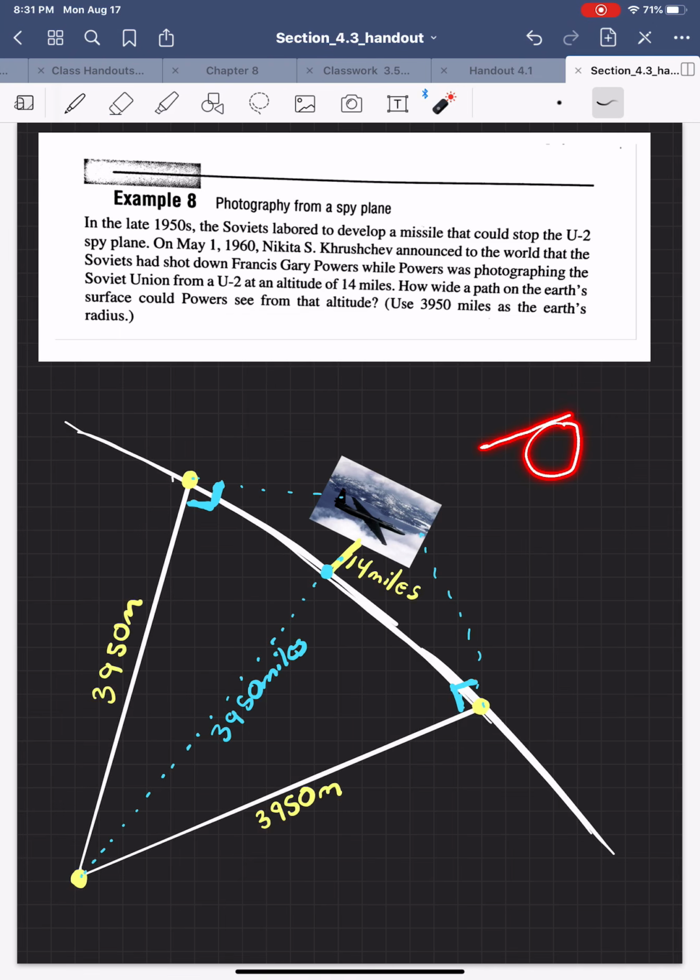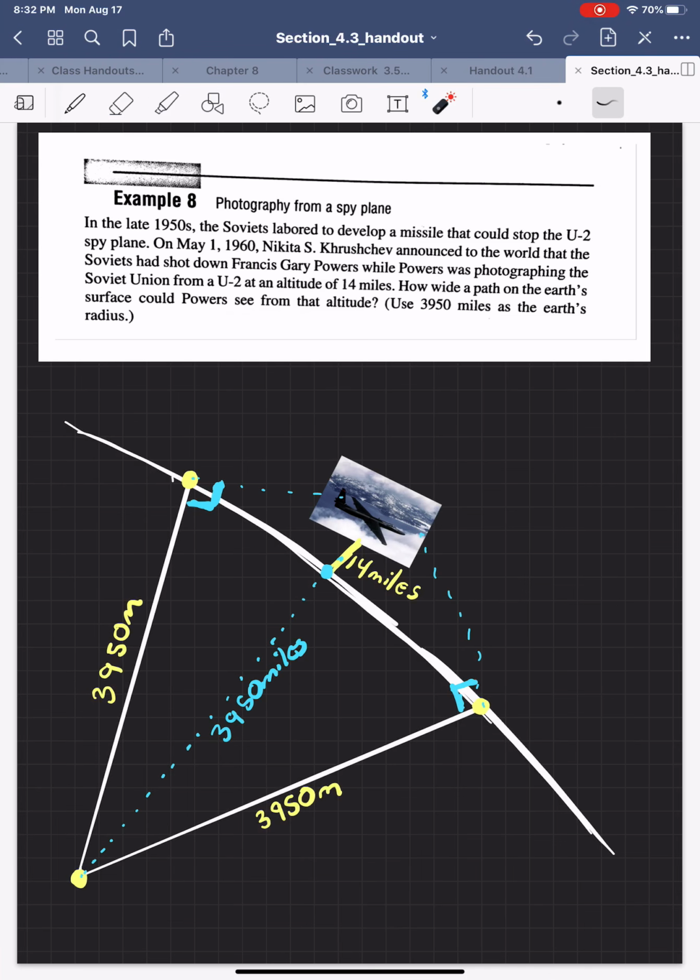Any line that runs tangent to a circle is perpendicular to the radius of the circle at the point of tangency. So what that means is, although it's not drawn very well, notice how I have a line that just touches the circle once, right? Just that line is perpendicular to the radius at the point of tangency. So that's why I get to label my right angles here.